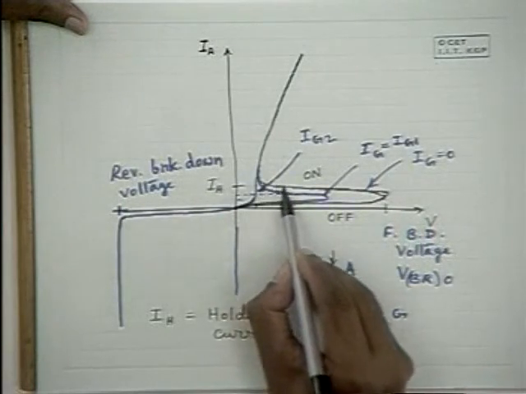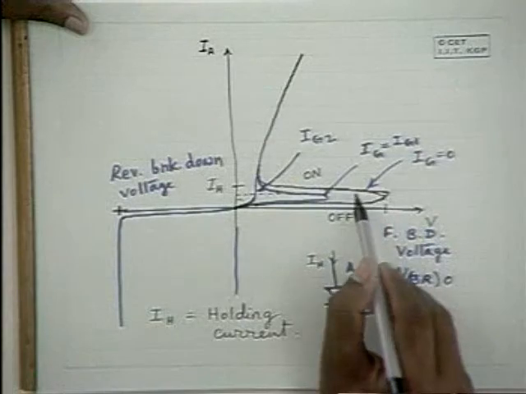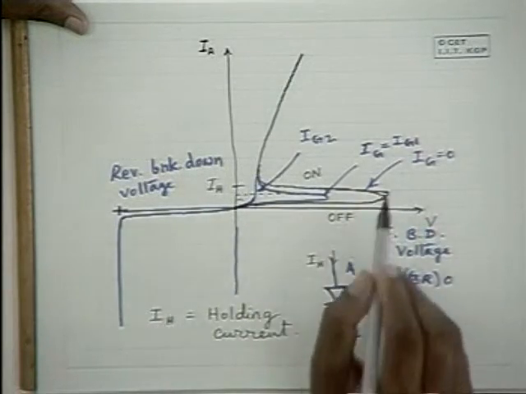When you reduce the current, the operating point goes like this, and once you go below the holding current, the operating point comes onto this side. And on this side the transistors Q1 and Q2 are off, except for ICO, and whatever current results because of ICO is the corresponding current, the holding current IH. So this is how the device works, and this is what the VI characteristics of the device is.